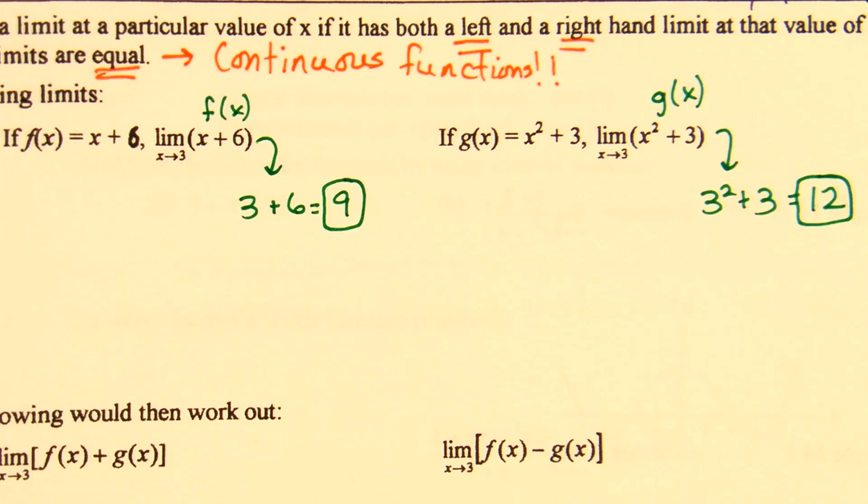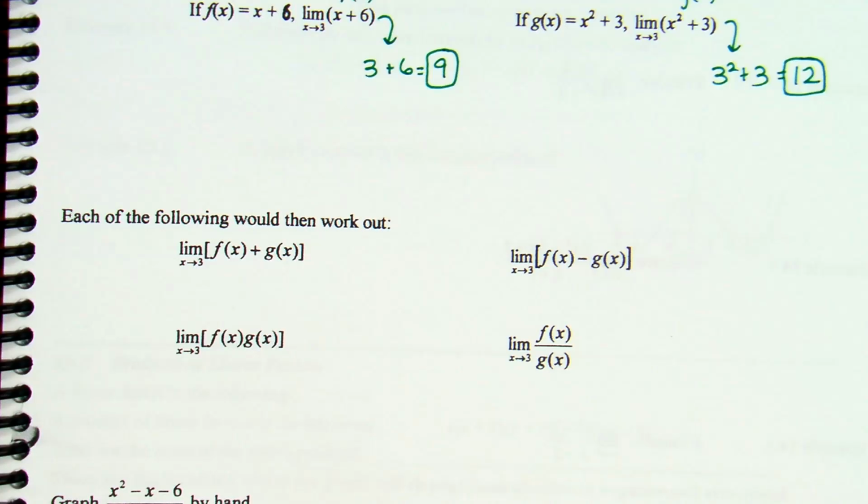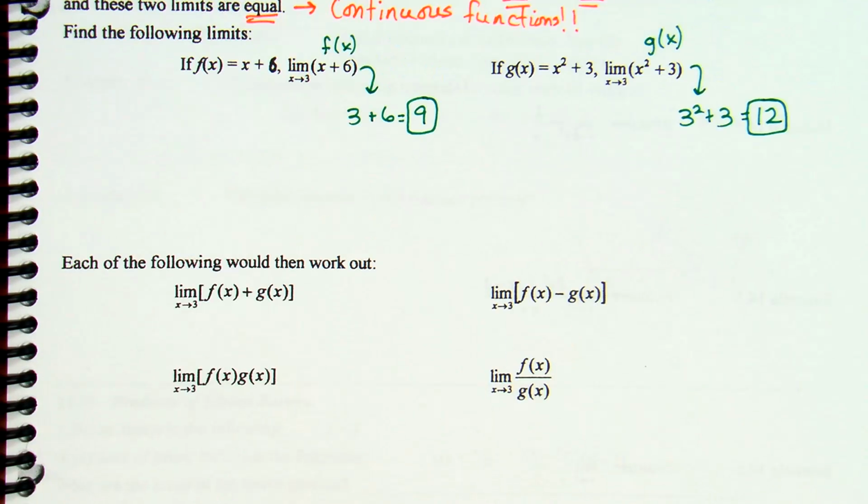Now, okay, let's look at a few limit rules, based on what we just found up above. So we just found the limit of f of x as x approaches 3 to be 9. And we found the limit of g of x as x approaches 3 to be 12. So the limit as x approaches 3 of f of x plus g of x.